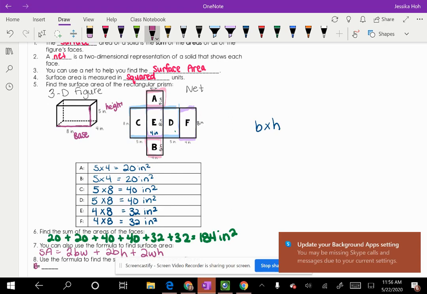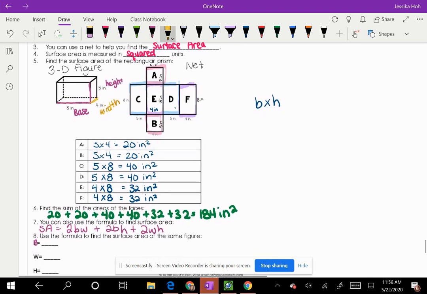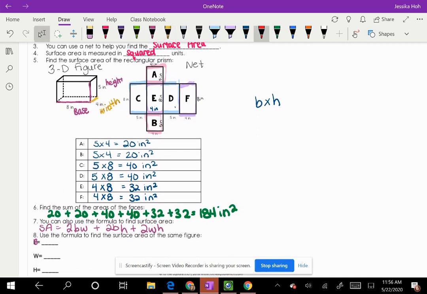And our width would be 4. All right, down below, let's actually plug in our numbers. Our base is 8, our width is 4, and our height is 5.